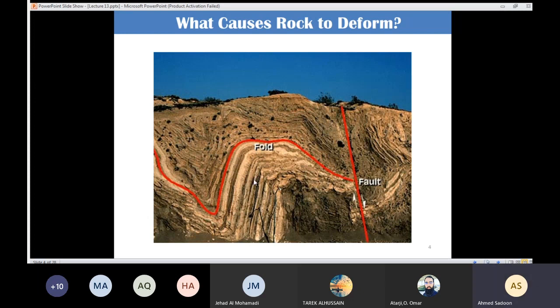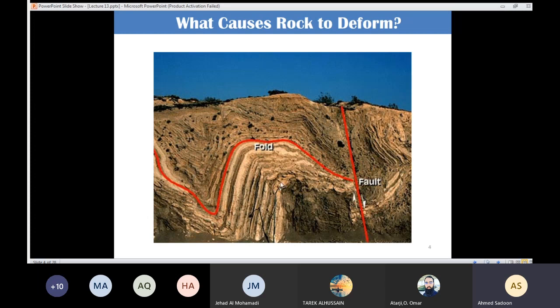And if you have a fracture like this one, with relative movement, which means that the position of that point should be here, but when I have a fracture like this plus relative movement, we are going to call this a fault.